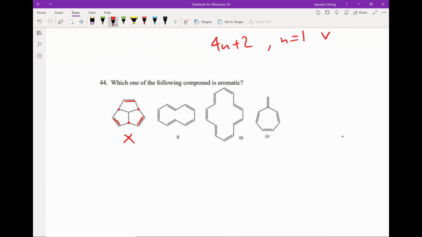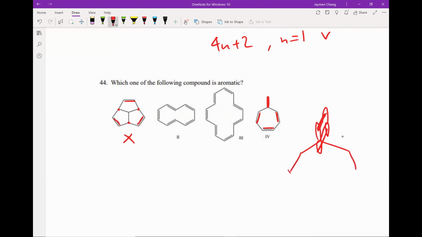So this one straight off the bat is out. And if we look at this one over here, we have 1, 2, 3. But notice how this pi system is actually outside of the ring. If we were to draw these top carbons, notice how the pi bond actually exists outside of the ring. So it actually breaks the ring.